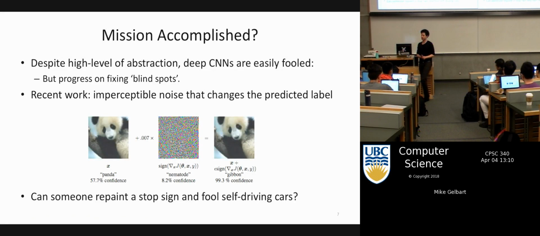I mean, it's worrying because it makes you lose trust in the model. And I think this is maybe a little over-the-top hypothetical, but one blog post about this was saying, OK, now someone comes and repaints a stop sign, and it still looks exactly like a stop sign to you, but the self-driving car is 99% sure it's a green light or it's nothing or whatever, and then bam, right?